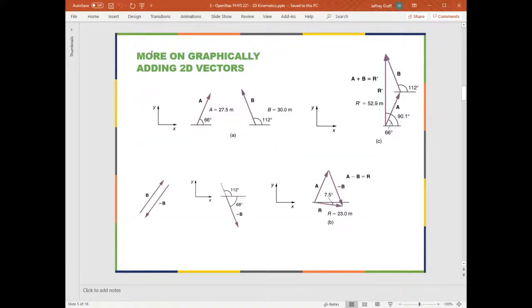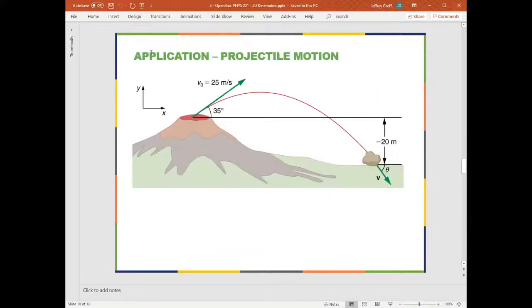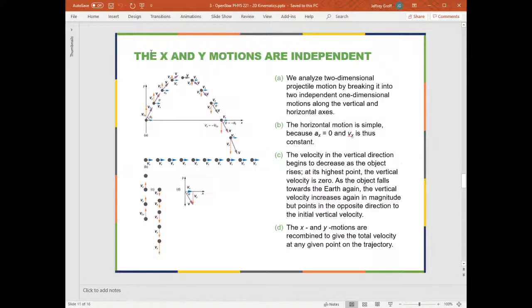So we've talked about vectors and vector addition. There's a nice review of vector addition here. All right, projectile motion.